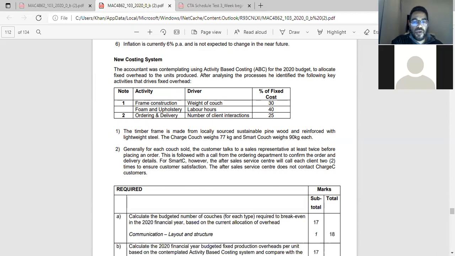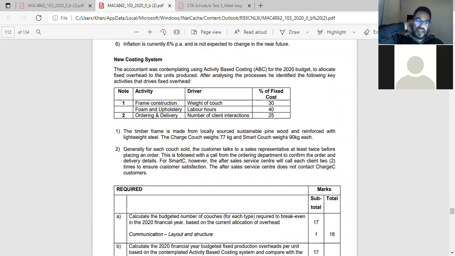This is followed with a call from the ordering department to confirm the order and delivery details. For Smart C, however, the after-sales service center will call each client 2 times to ensure customer satisfaction. The after-sales service center does not contact Charge C customers. Okay, so there you can see the number of calls.